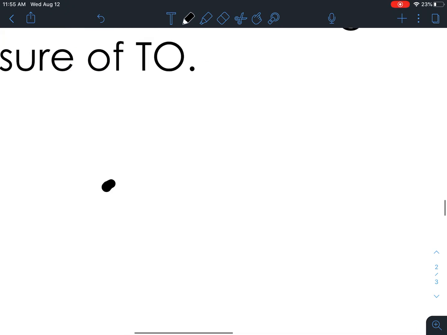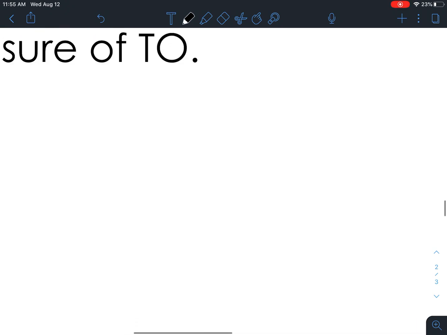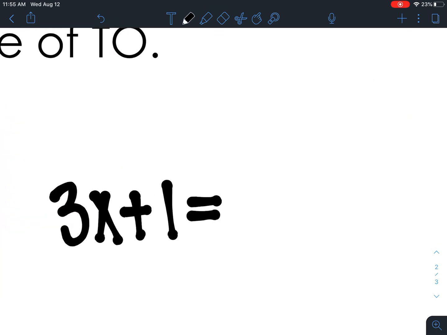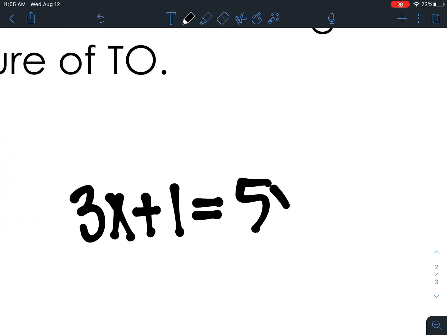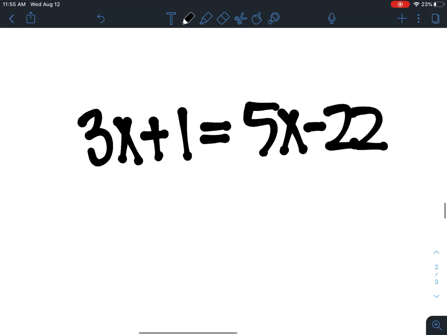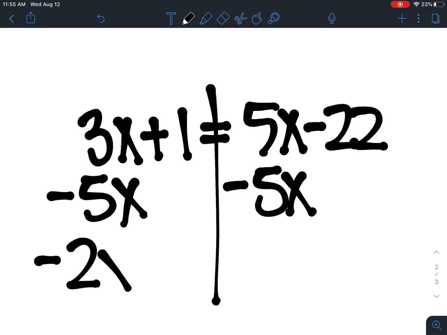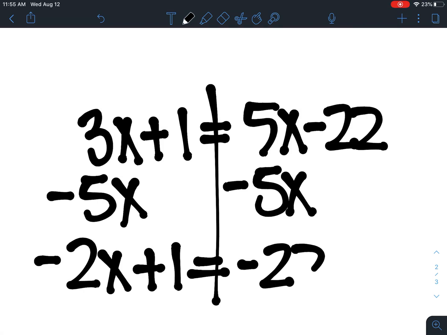So I know that 3x plus 1 is equal to 5x minus 22. And now I'm going to solve. So just like before, I'm going to move my variables to the left-hand side. It doesn't matter which way you move them. So I'm going to subtract the 5x, and I'm going to get negative 2x plus 1 is equal to negative 22.